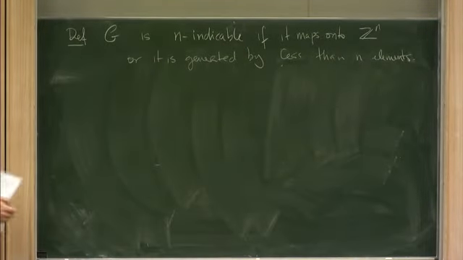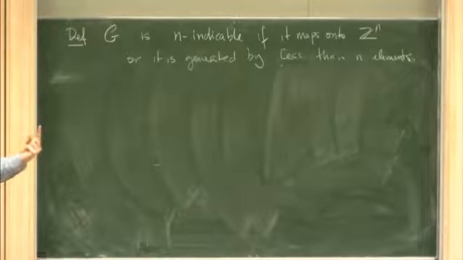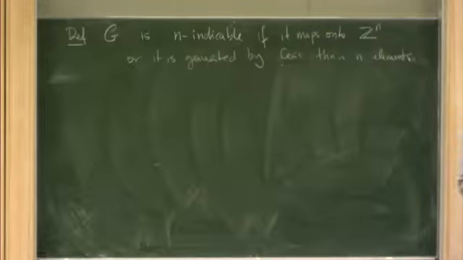Okay, so it's the same thing. We had indicable, which is one-indicable, meaning that either you are trivial, generated by fewer than one element, or you map onto C.